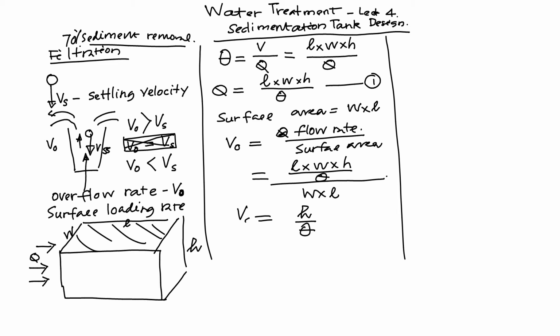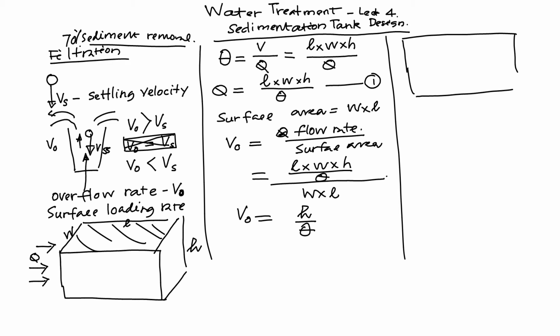So you can look at this and see that V0, the overflow rate, is a function of height and the retention time, how long the water is staying. Now, how do we apply this in a situation where the water is moving?